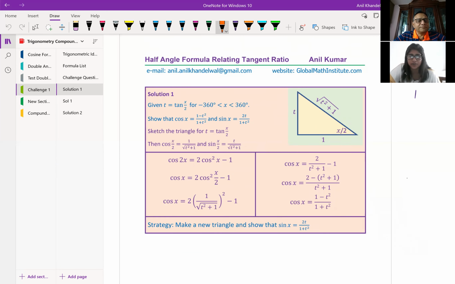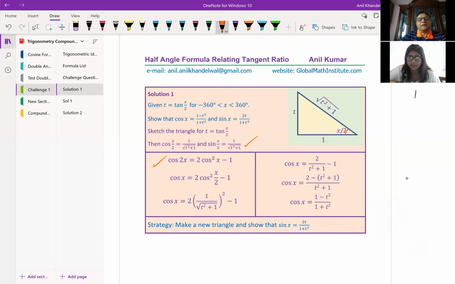So sketch the triangle for t equals tan x over 2. Then cos x equals 1 over root t squared plus 1 and sin x over 2 equals t over root t squared plus 1. Correct. Simple as that.